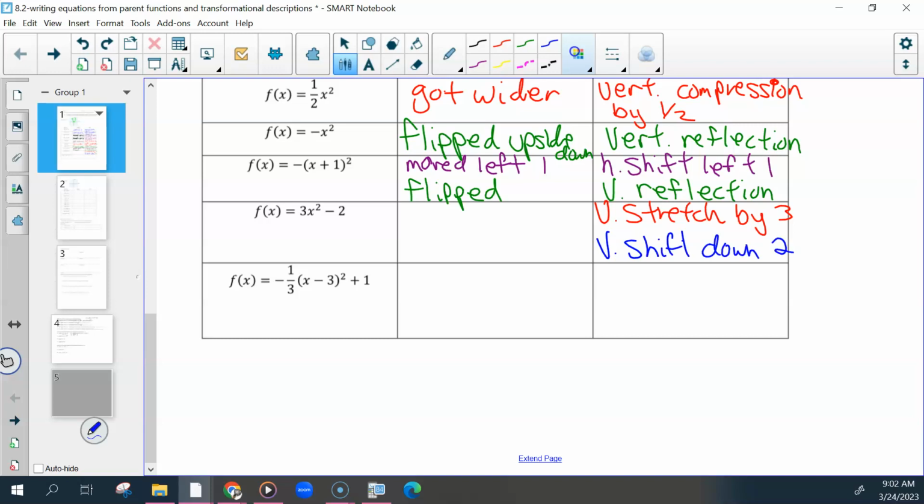We have our rules: vertical stretch by 3, vertical shift down 2. How would we write what changed, like what physically changed? Got narrower. And then the shift down 2.